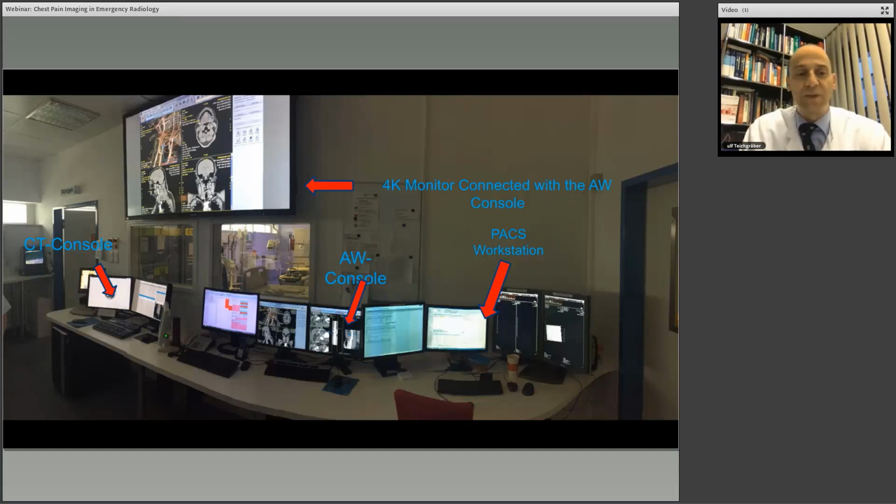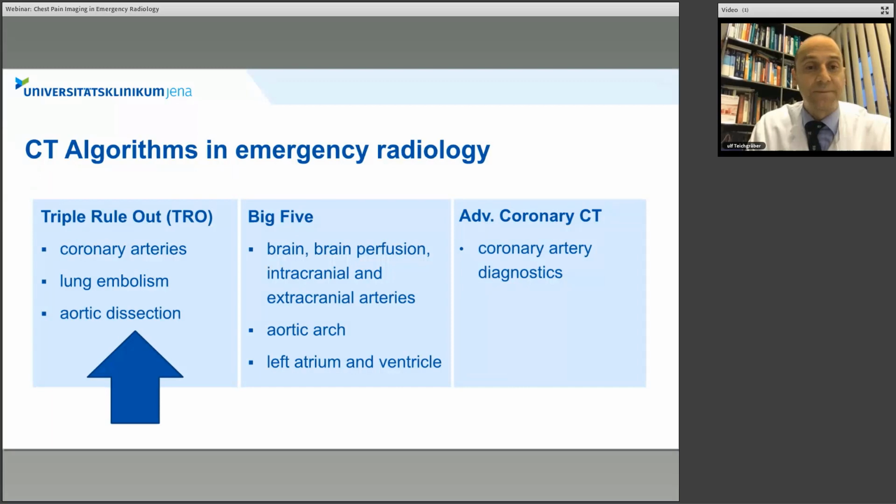Especially for trauma management, this was installed. And the same setting we are using first of all for stroke management, as well as for the cardiac emergencies, which I show you in the following slides.